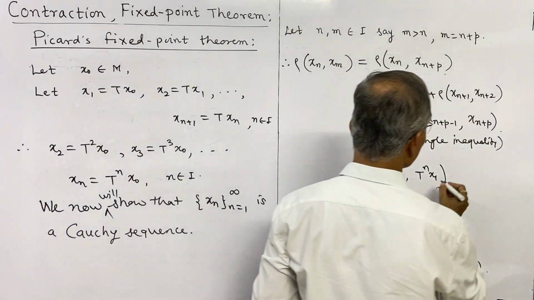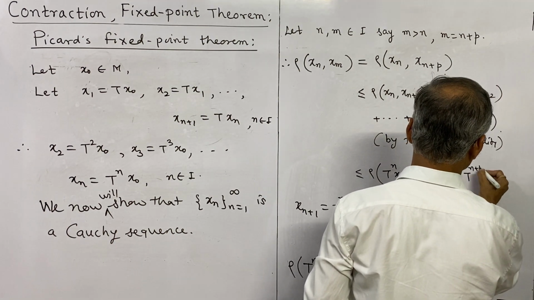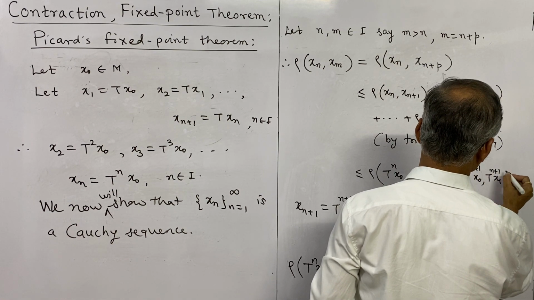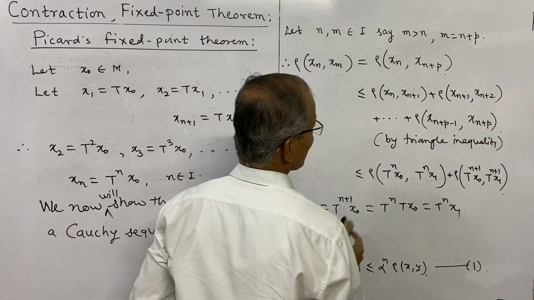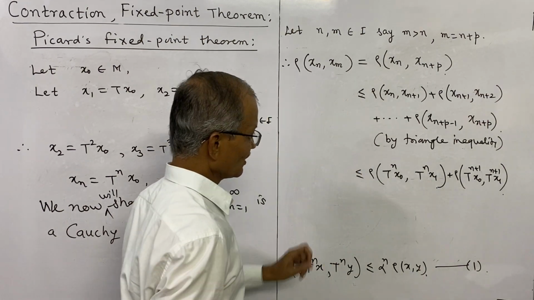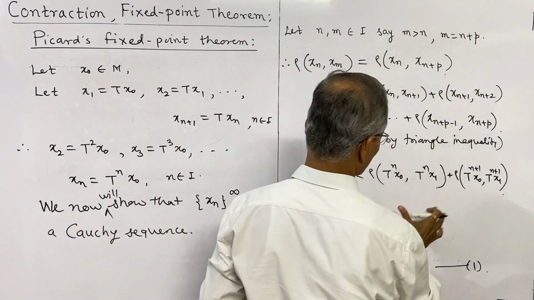And similarly, the next can be written as rho of T power (n+1) x naught and T power (n+1) x1. This is written for your understanding. And now we can write directly plus, and so on.